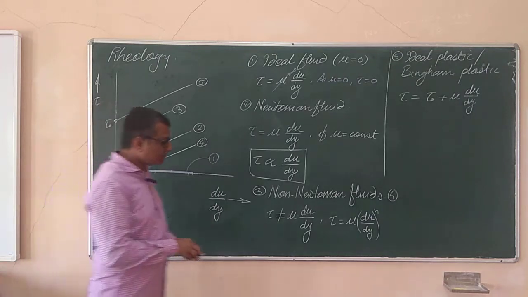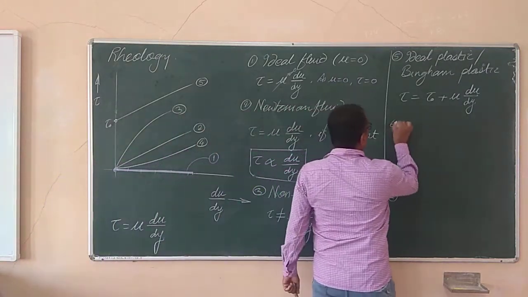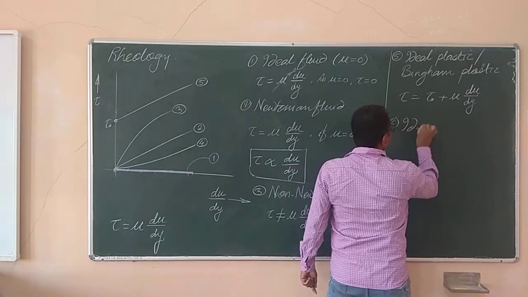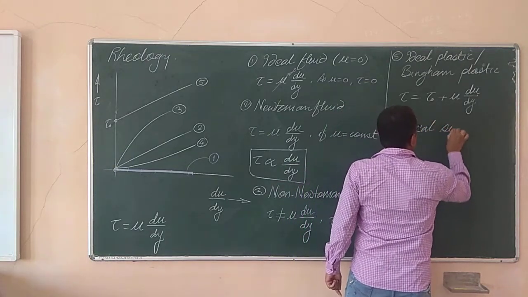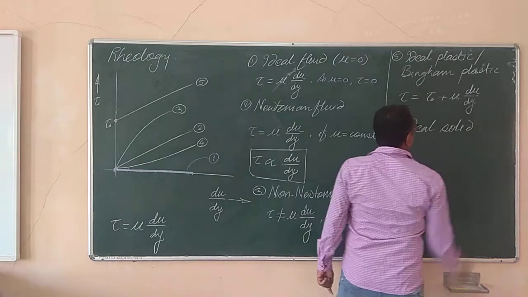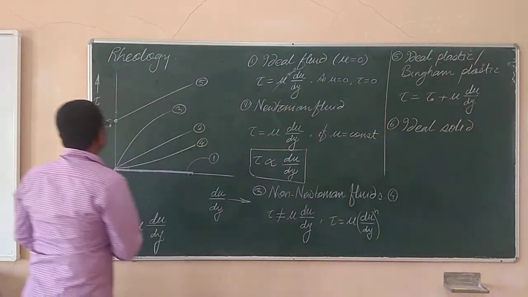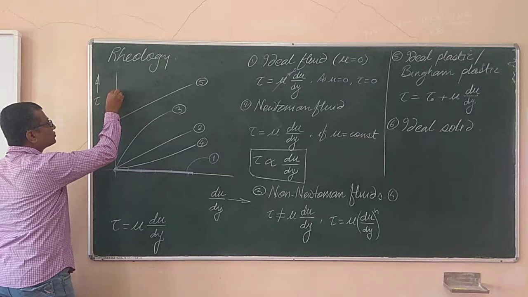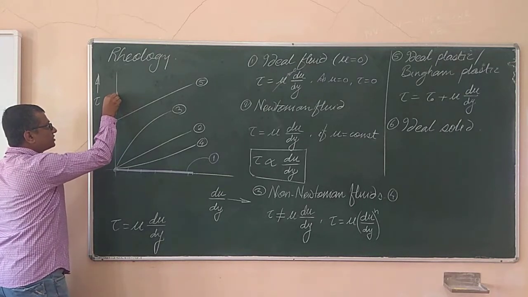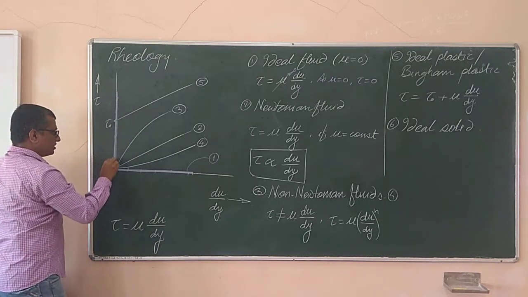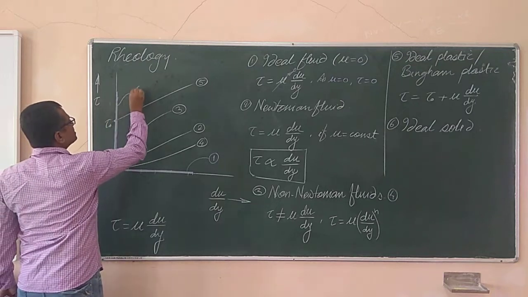And the sixth one is the ideal solid. For ideal solid, the curve will be somewhere over here. This is the ideal solid, number 6.